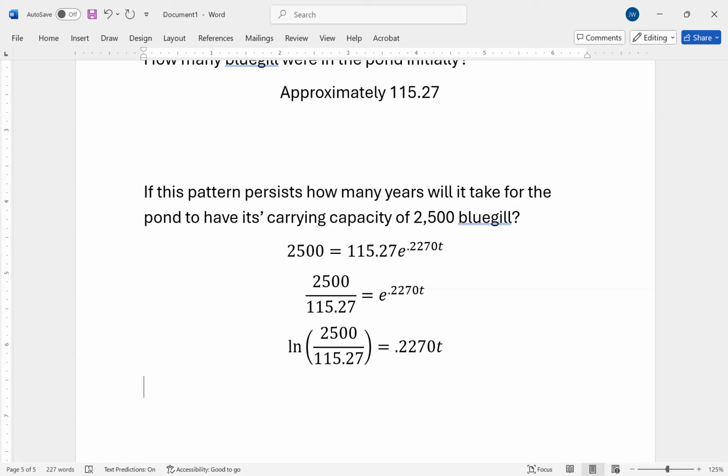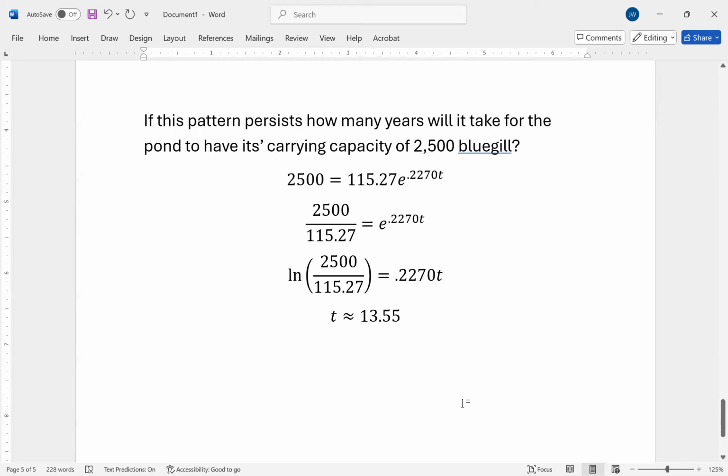I'll use the rounded value when I type it in this time, and divide that by 0.2270. We get a T of about 13.55. So it would take about 13.55 years after the pond was built until it hits its carrying capacity of 2,500 bluegill.